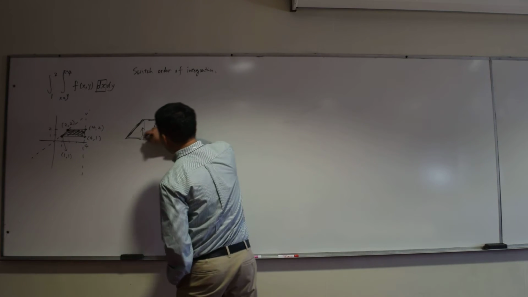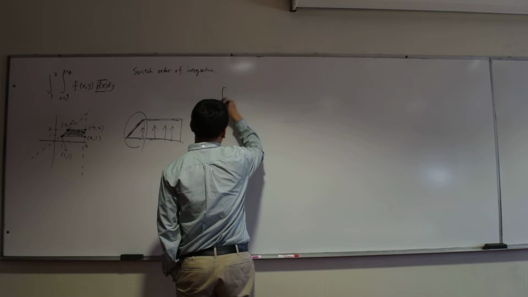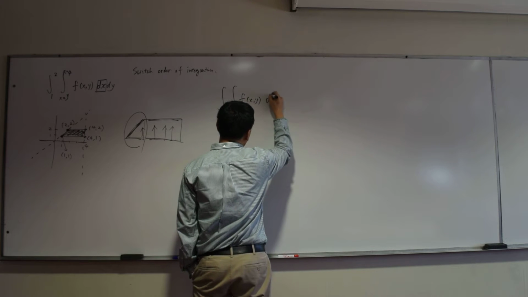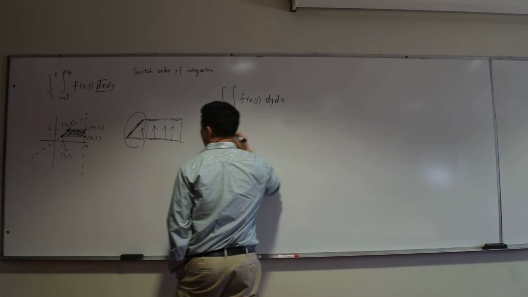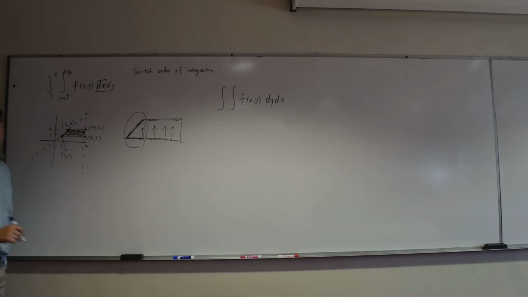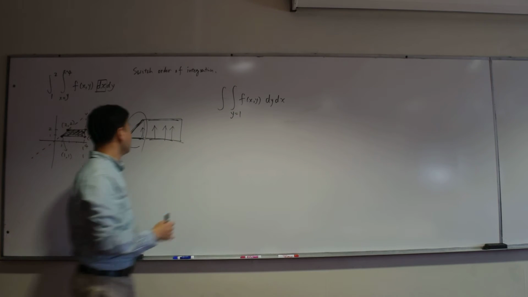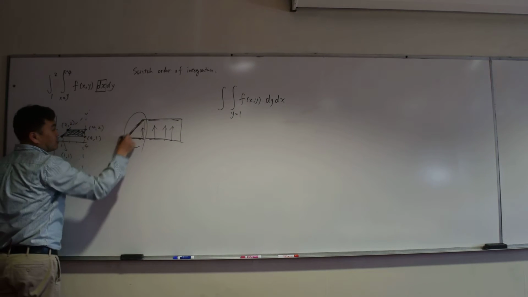So let's first try to express this integral. If f(x, y), we're trying to do dy dx. Where do you begin? What is this equation? This one here, right? It's a horizontal line. Horizontal lines have equations like y equal to a value, right? And what is that value? 1. y equal to 1. So we know that y equal to 1 is where it begins. And then we have this one.